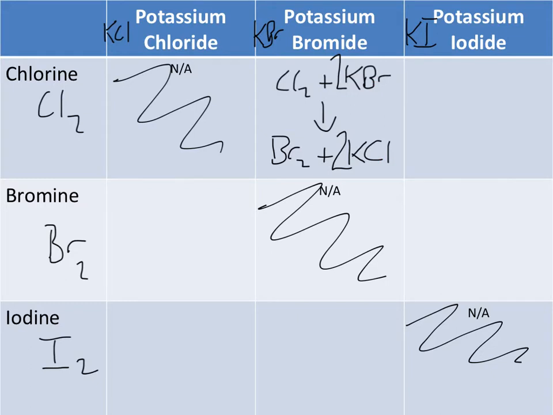Now what might you see if you actually did this reaction? If we had chlorine, maybe dissolved in water, so chlorine water, and potassium bromide, which was also dissolved in water, what we would see is bromine being produced in the aqueous solution. Now what does bromine look like in an aqueous solution?